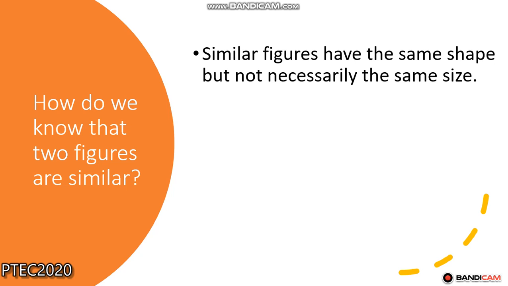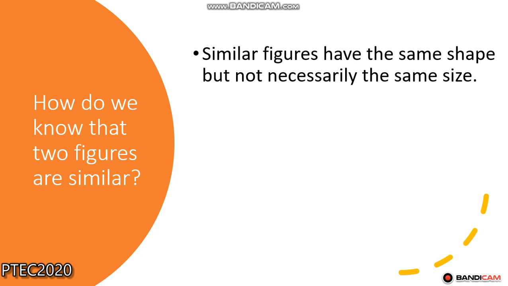For example, you may use your phone every day, and in your phone there are some pictures. You may see your pictures, and then you want to see them more clearly, so you zoom in or zoom out. This concept means that your picture is still the same shape, but when you zoom in or out, the size may be different from each other.